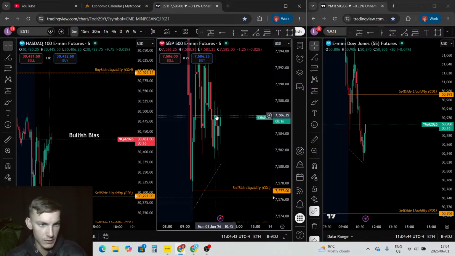There we go. S&P looks like it's corrected itself now. You can see the Dow and the S&P are somewhat moving together, which is fantastic news for us. We will, however, just need to wait for a slight retracement on the Dow Jones before going long. But it does look good. It looks very good, to be honest with you.